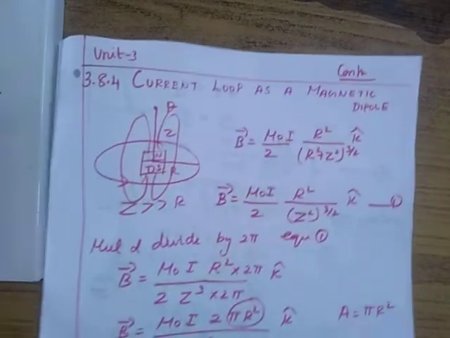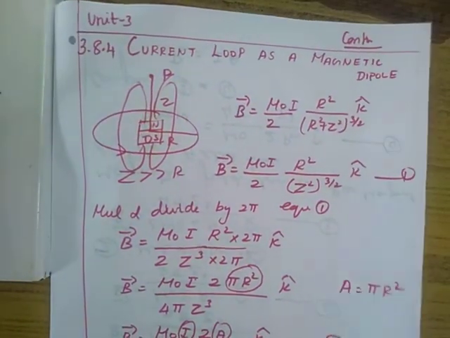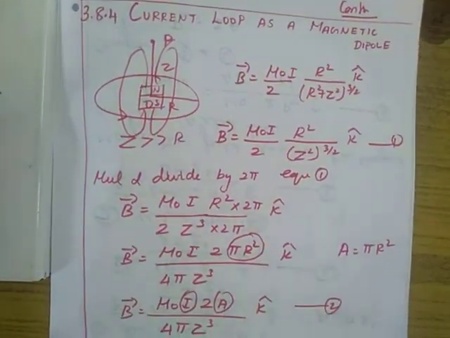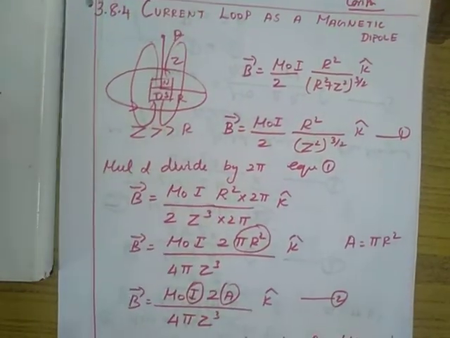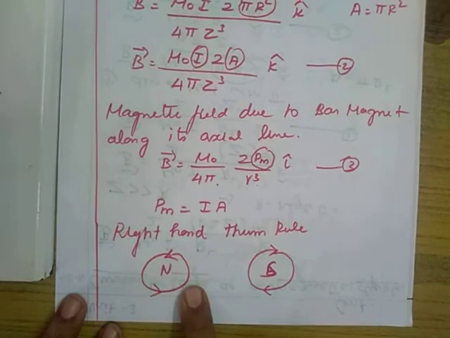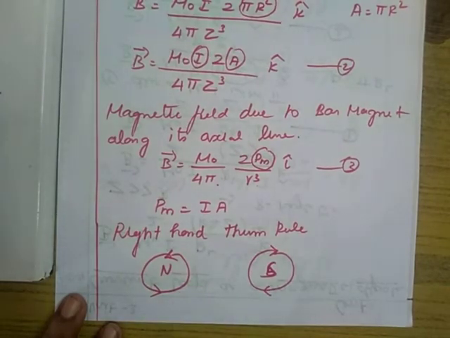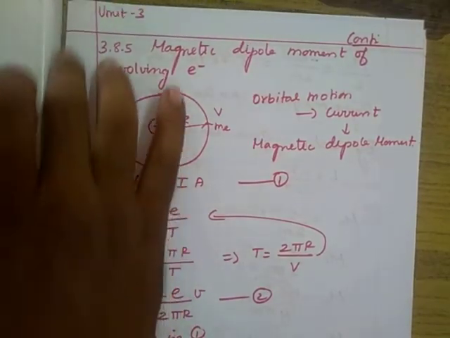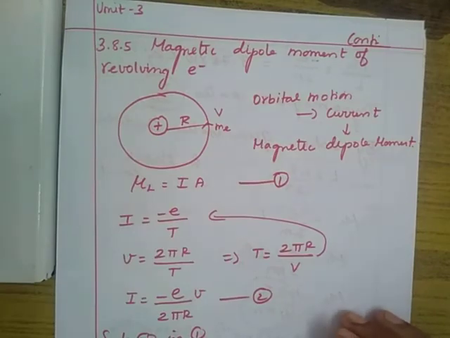Then by using the right hand thumb rule we find the direction of the magnetic moment. Then we also found the magnetic dipole moment of a revolving electron.